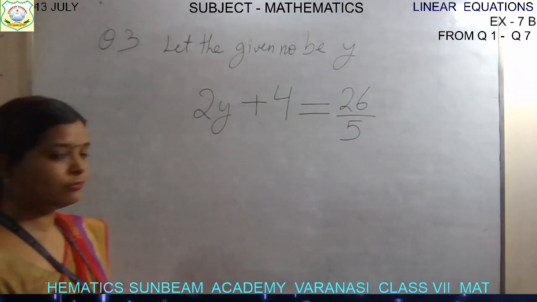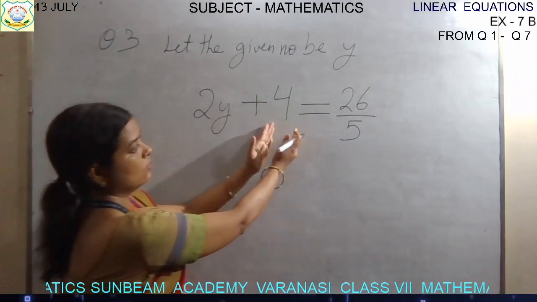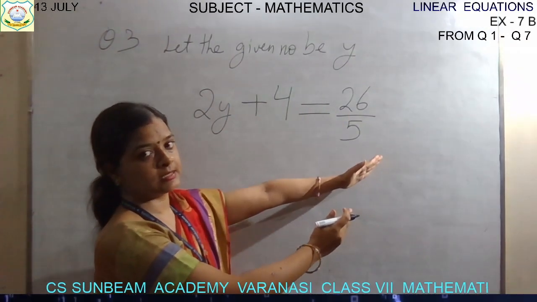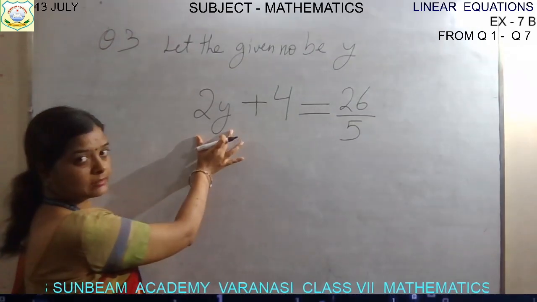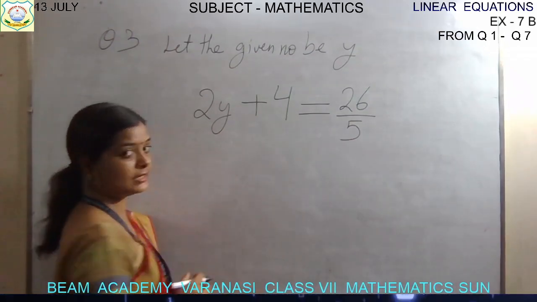Now what we will do is separate the variable term on one side and the constant terms on the other side. This is the variable term and these two are constant terms.